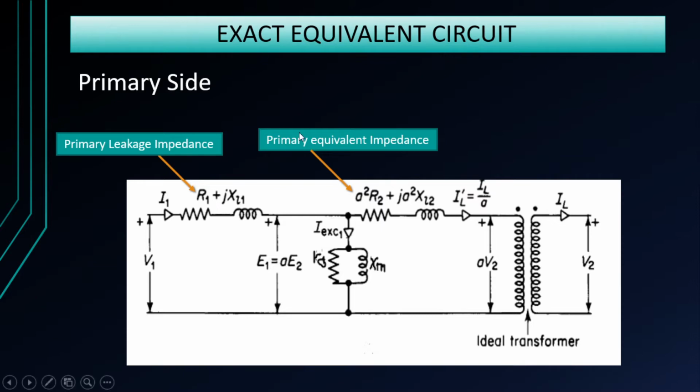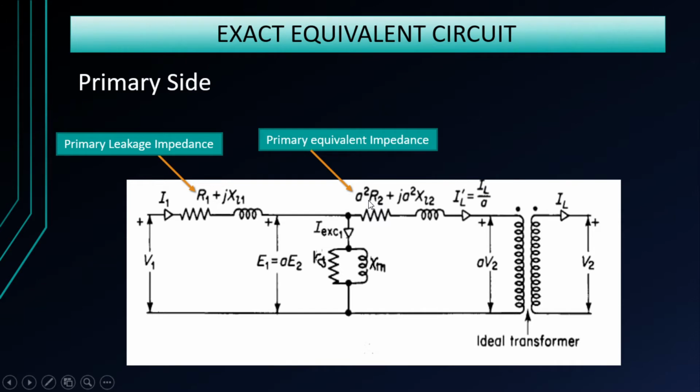We have here the I exciting or the exciting current. Exciting current represents the losses during the process of the transformer. Meanwhile, we have here the primary equivalent impedance.